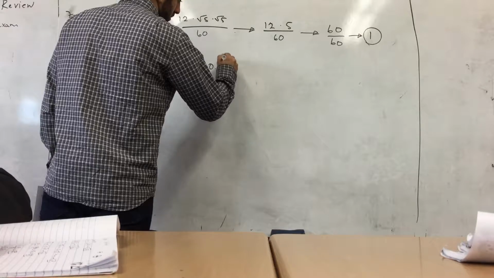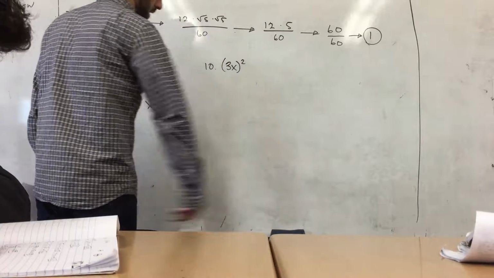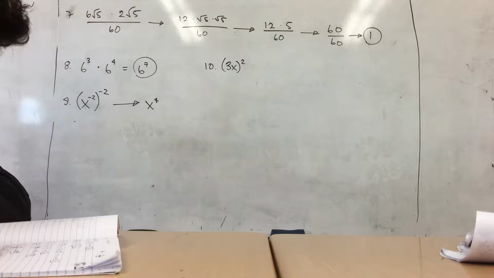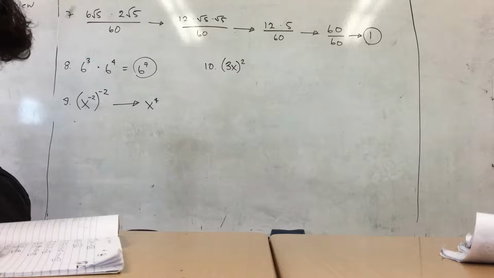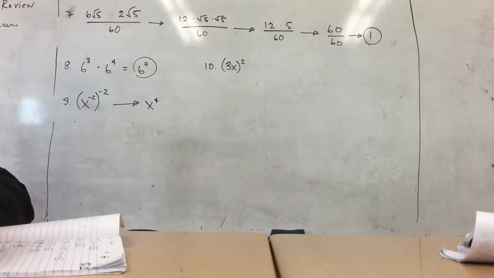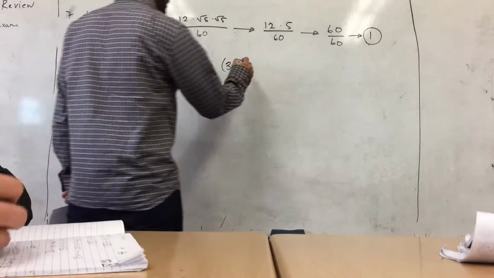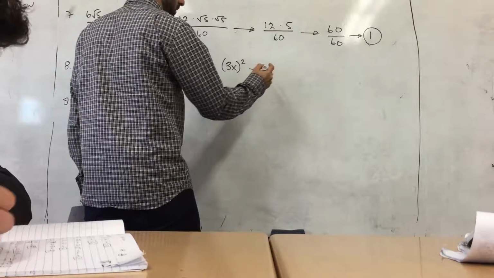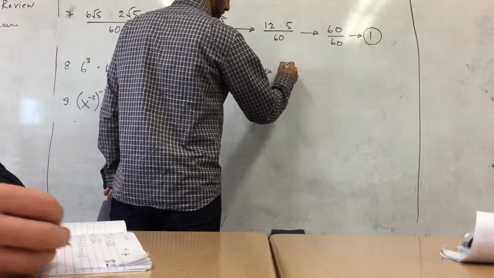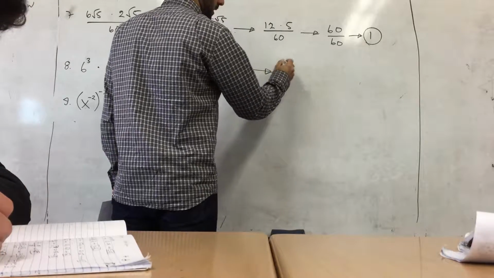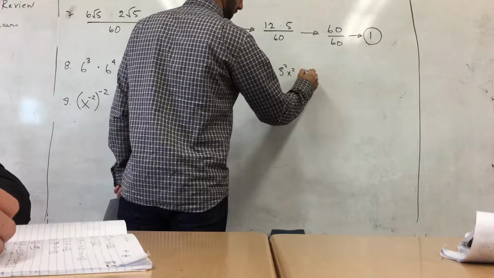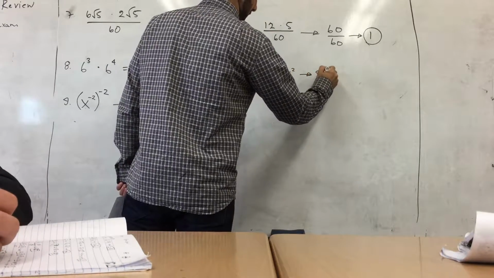What if I give you that? Can you make it 3 squared times x squared? Now that we've learned the product property, 3 squared times x squared, I want you to take this farther and make it that.